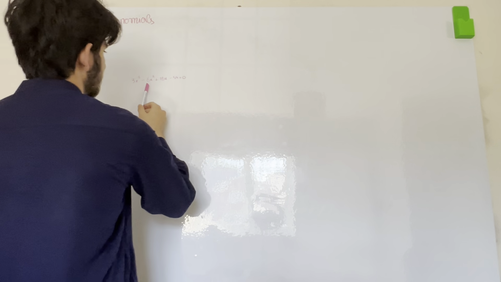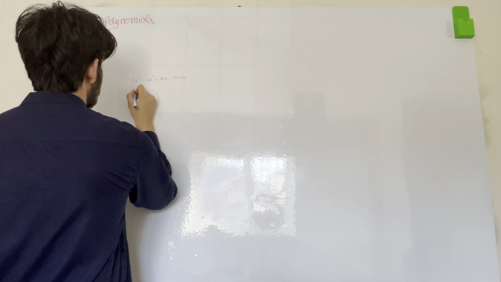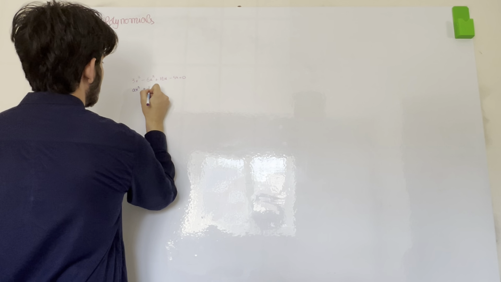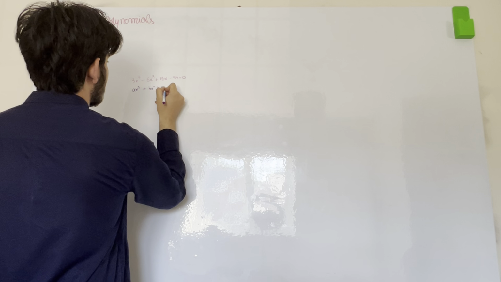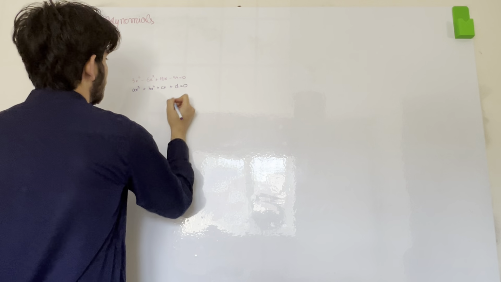Now, if I were to ask you what is minus b over a equal to over here, you will say, well, b over a is 6 over 3, because this is a cubic, right? For a cubic, the general form is ax cubed plus bx squared plus cx plus d equals 0.